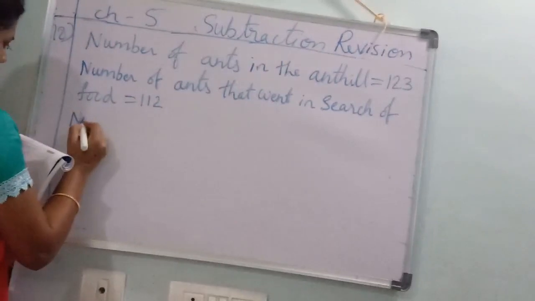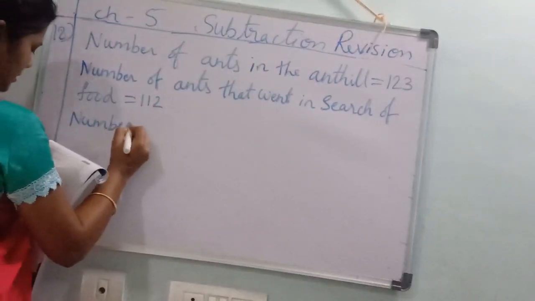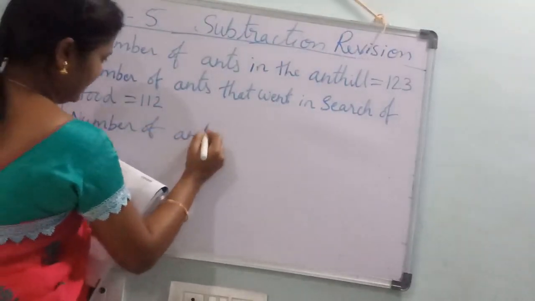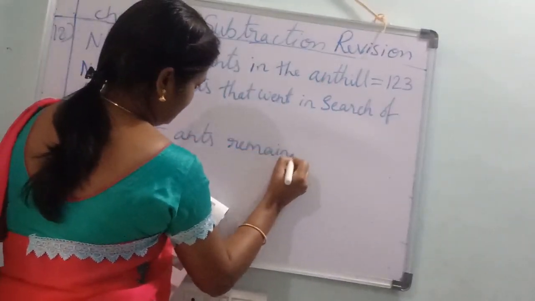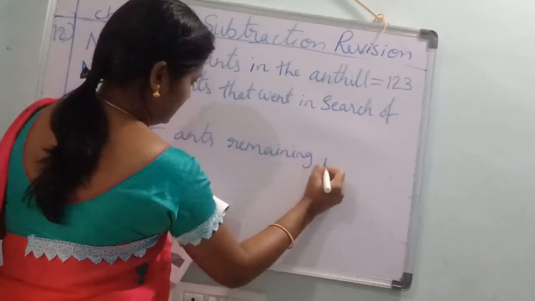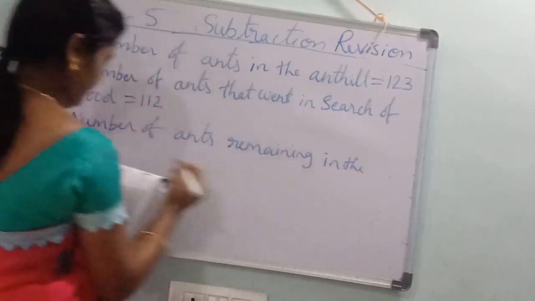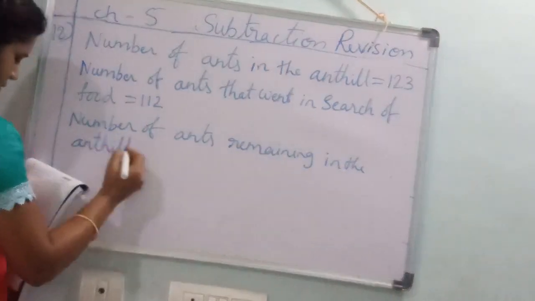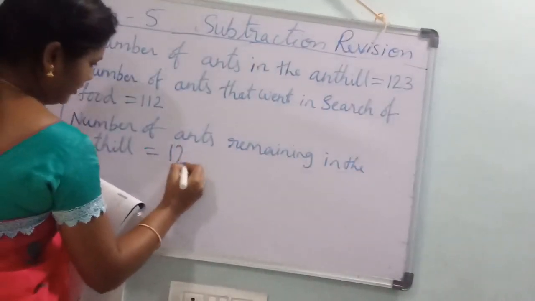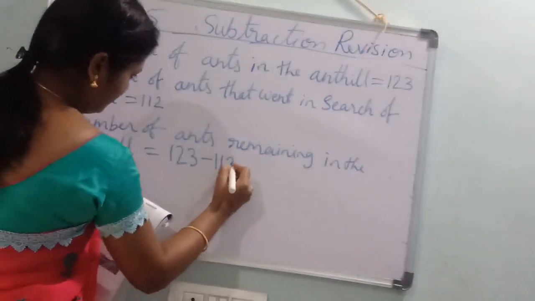What you have to find? Number of ants remaining in the anthill is equal to 123 minus 112.